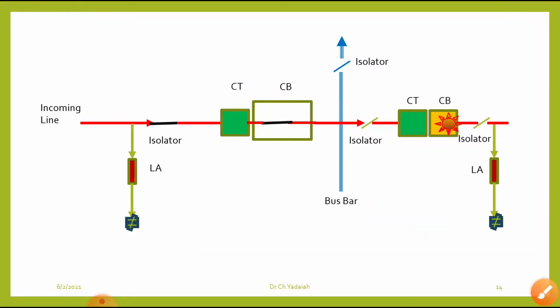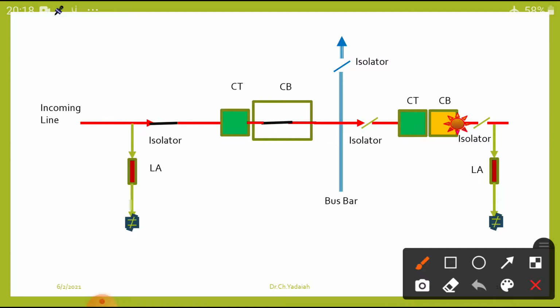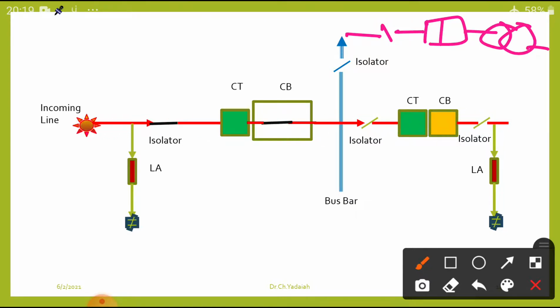Next, what is the bus bar? The bus bar is connected to another system. Suppose I am going to make a parallel connection here, so another CT, CB, connected to another transformer. For parallel purposes I am going to use the bus bars.